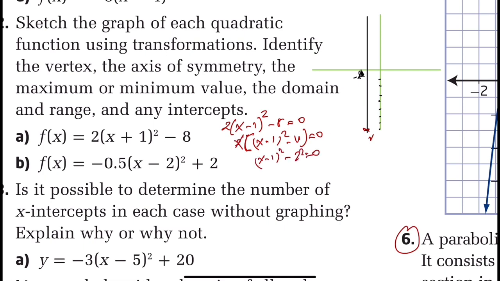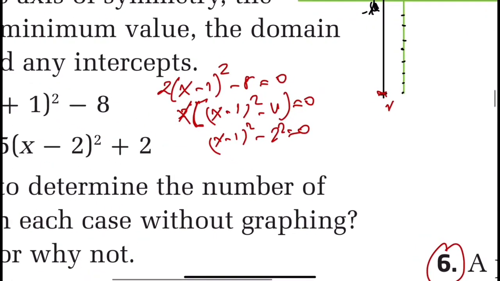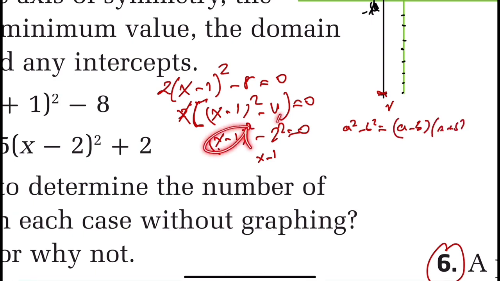This is a square minus b square, which is a minus b times a plus b. This is our a, this is our b. So we get x plus 1 minus 2 times x plus 1 plus 2.